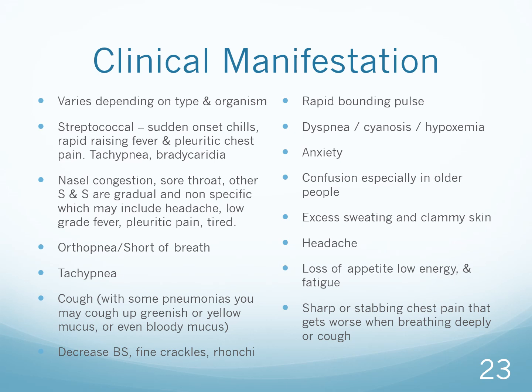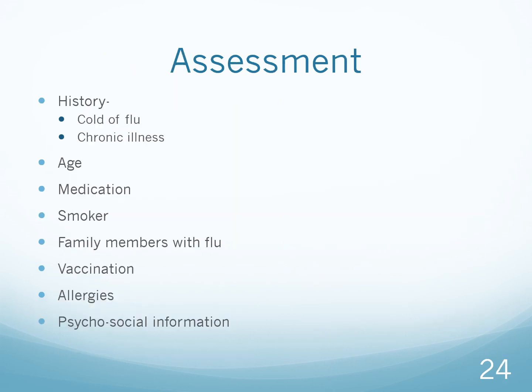Decreased breath sounds, fine crackles, rhonchi. Look for a rapid bounding pulse, dyspnea, cyanosis, hypoxemia, anxiety, confusion, especially in the elderly, excess sweating and clammy skin, headache, loss of appetite, low energy and fatigue, sharp or stabbing chest pains that get worse when breathing deeply.